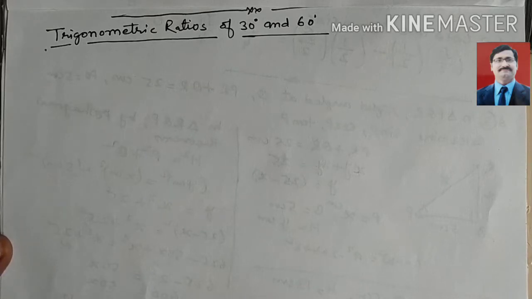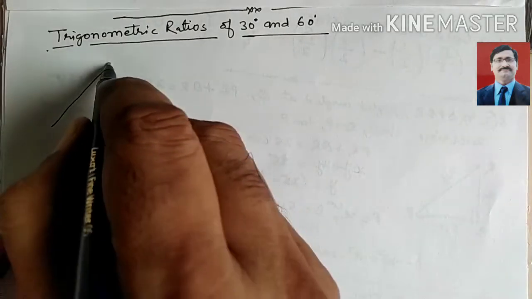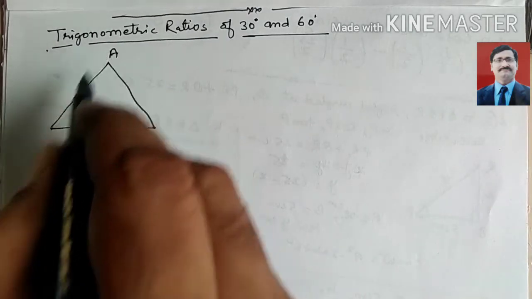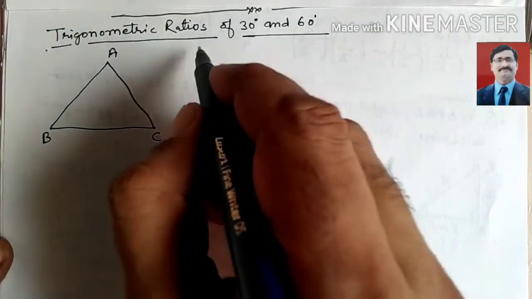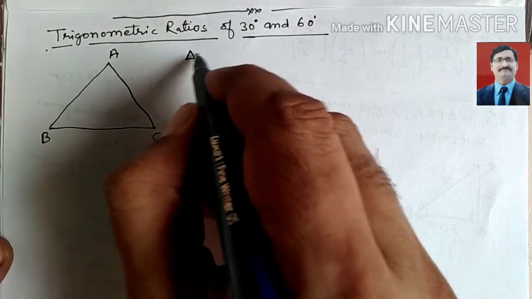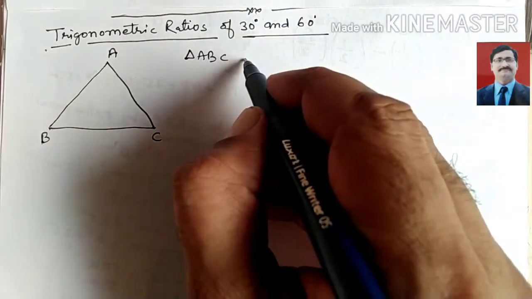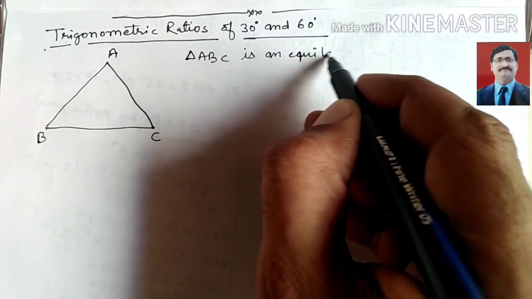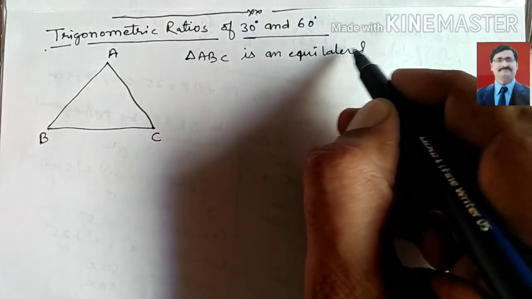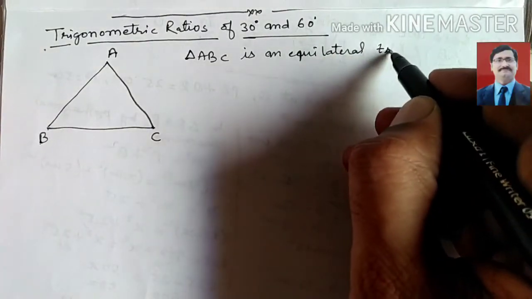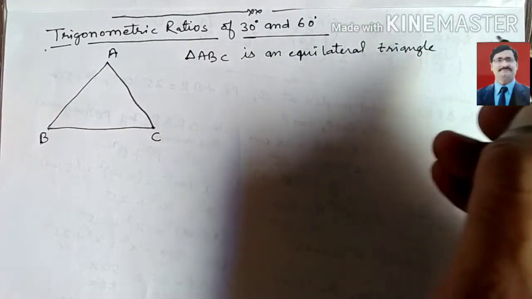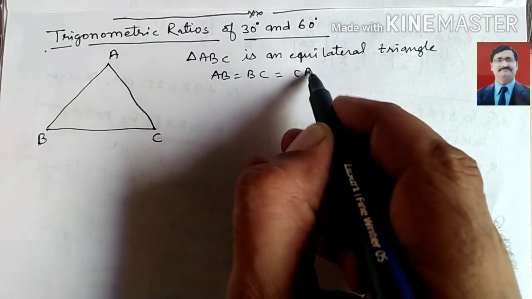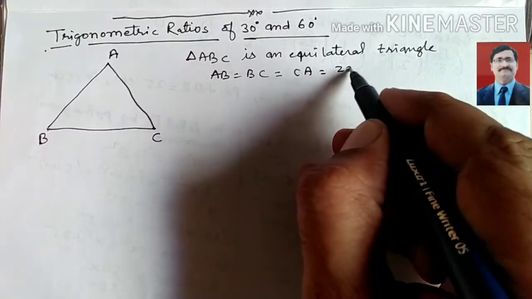For this we will take an equilateral triangle. Look here, this is an equilateral triangle ABC. So you can write AB equals BC equals CA, and we suppose all these sides are equal to 2X.